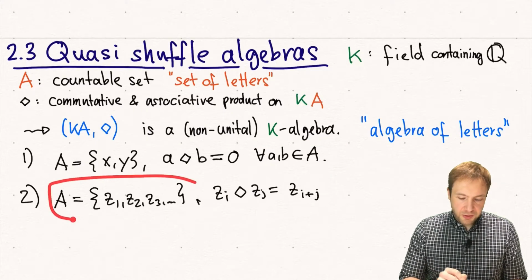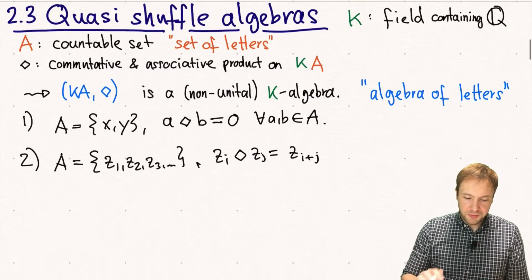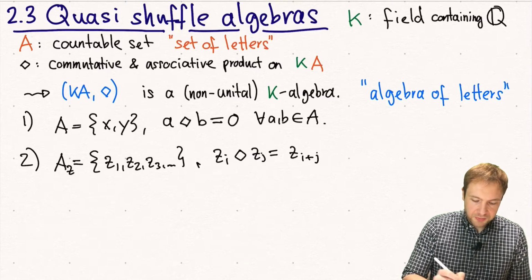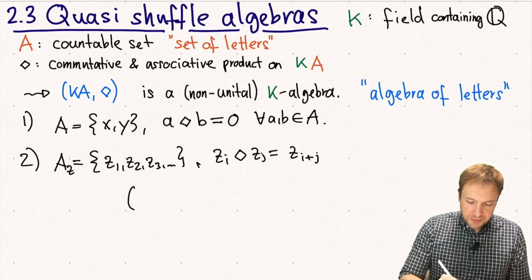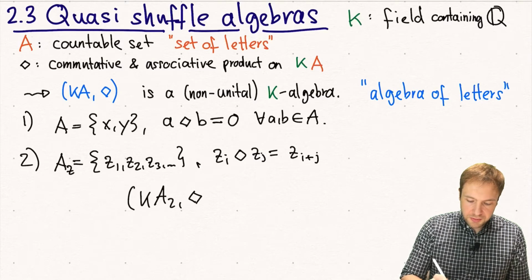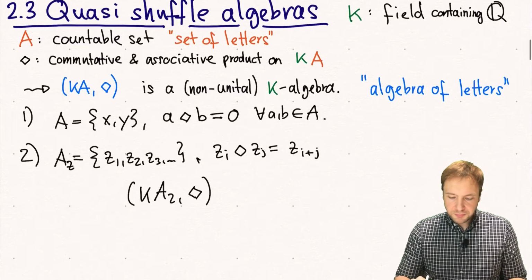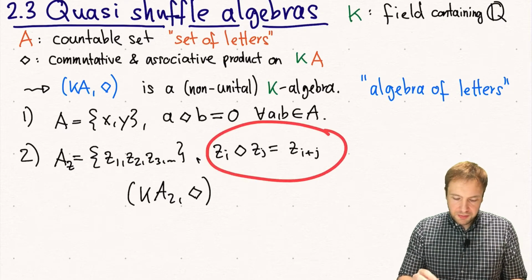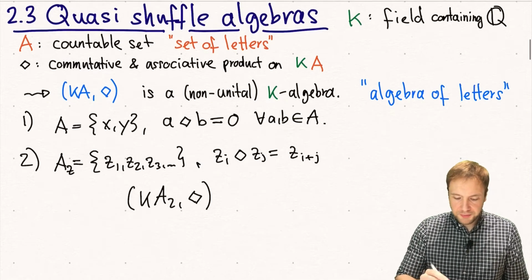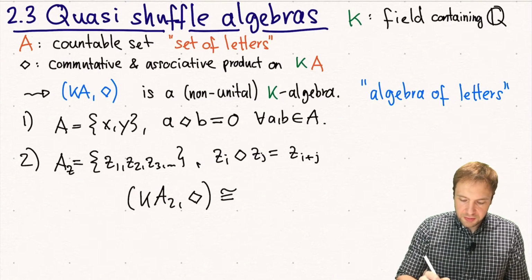So this algebra of letters here, let's call it AZ, this algebra AZ with this product is basically just the polynomial ring.